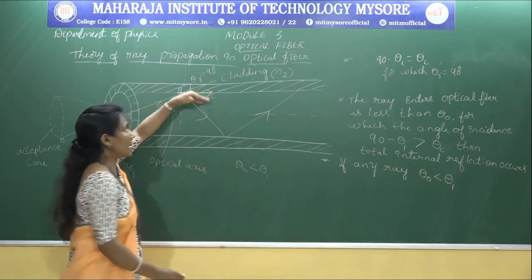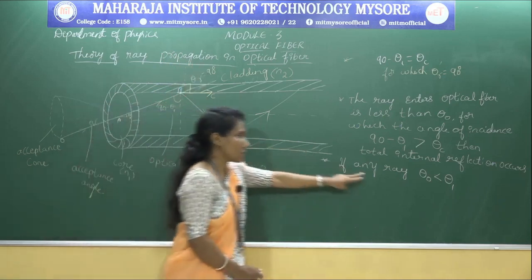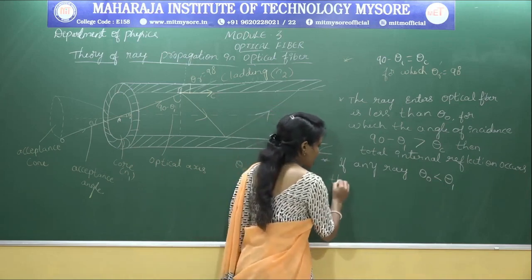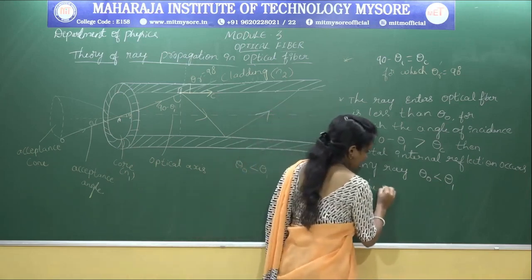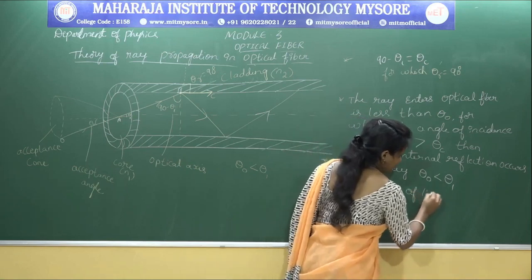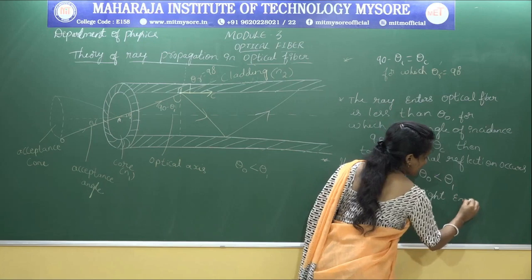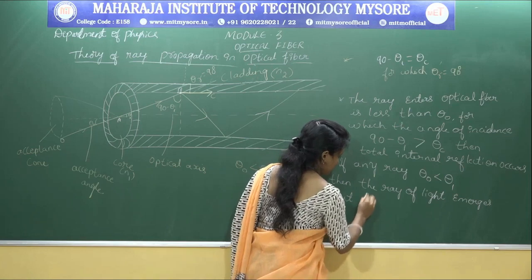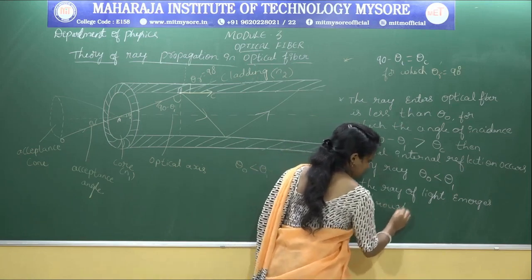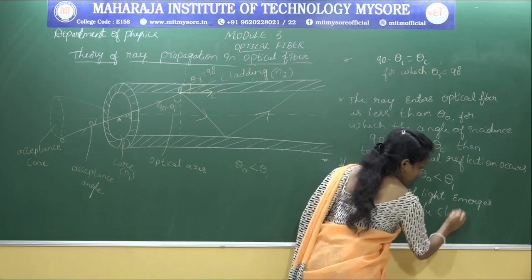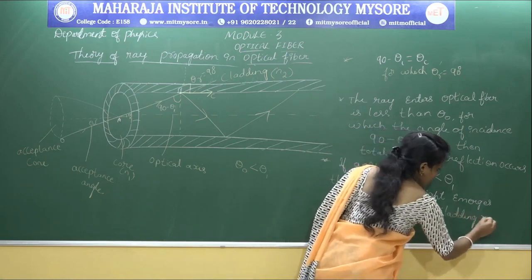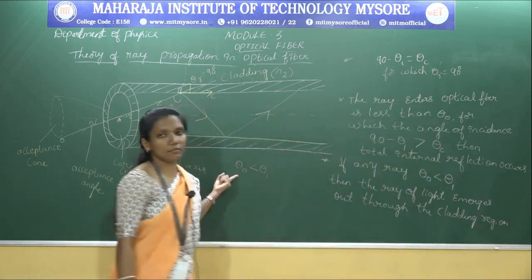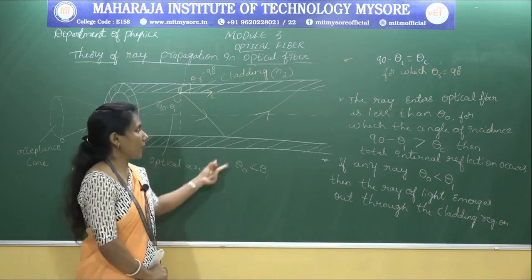So, the ray of light will emerge out from the cladding region. At this condition, the ray of light emerges out through the cladding region. So then the ray of light will be lost in the optical fiber.